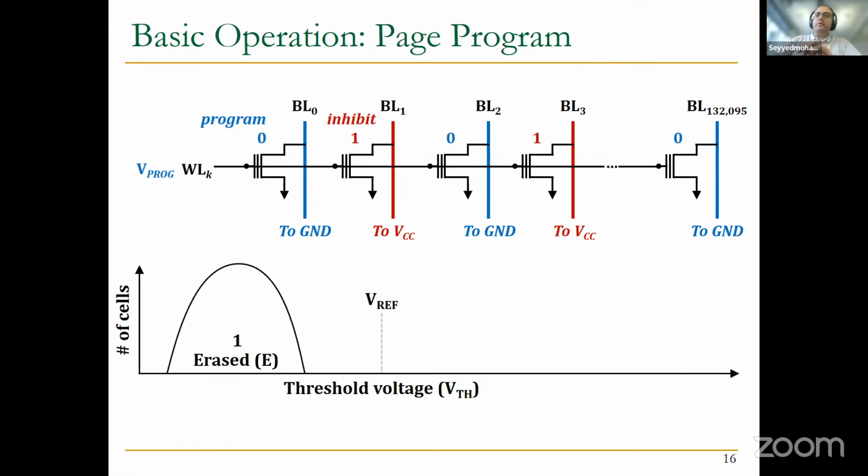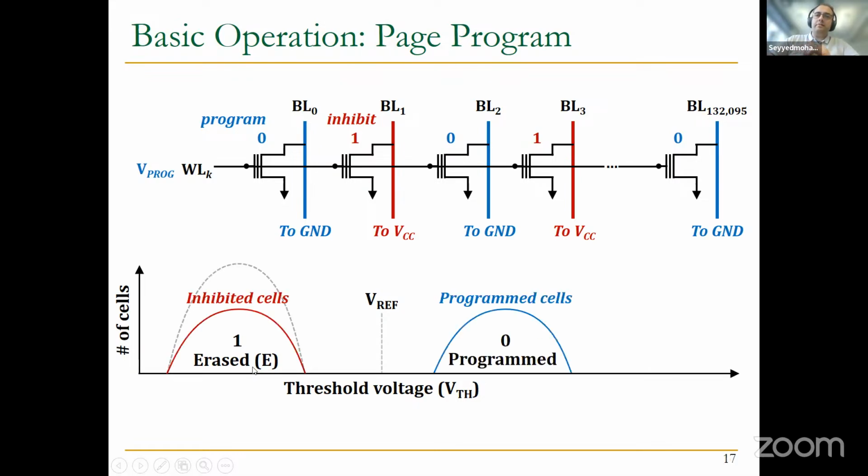Okay, so imagine that we want to program a page with the data that you are seeing here. Initially, all the cells are erased, and we have something like this, the distribution of the threshold voltage.